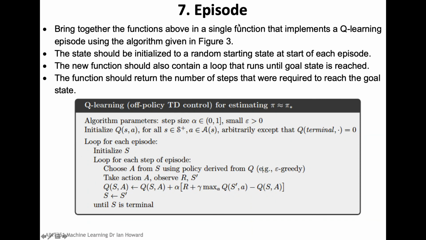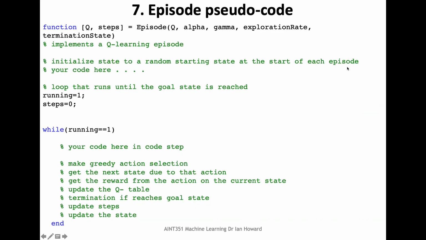So it's effectively just a for loop, or a while loop, to run all the steps until you end up getting to the end point, until you reach the goal. And that could look something like this. You're going to pass it the Q values, alpha, gamma, exploration rate, and tell it when it's finished. It needs to know where it's terminated, and it's going to return the Q table and the number of steps it took to get to the end of the episode.